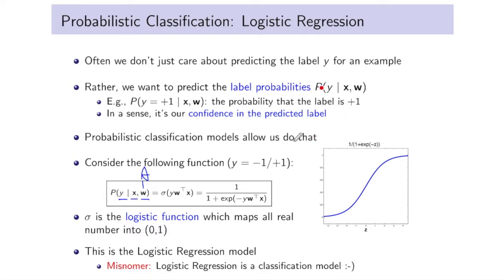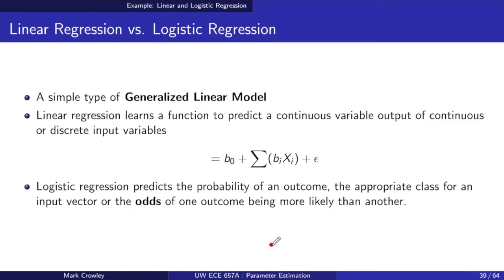But the logistic function on its own is this. I have that on the next slide. So that's the overall method. We can call both linear and logistic regression generalized linear models because they have a linear combination of the data with some weights and noise.